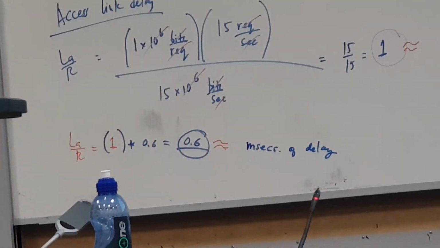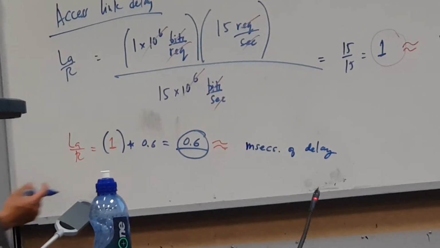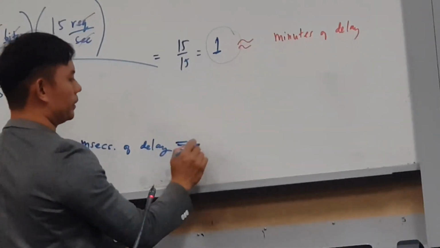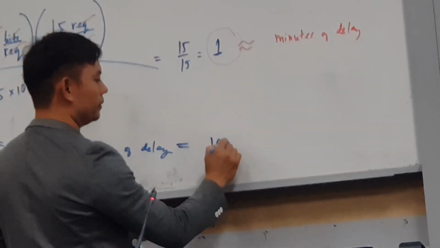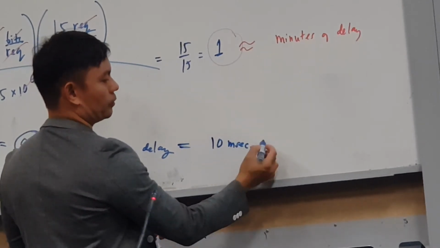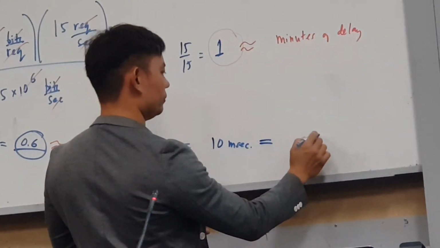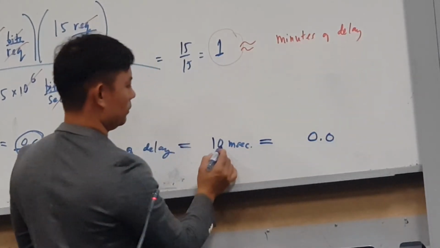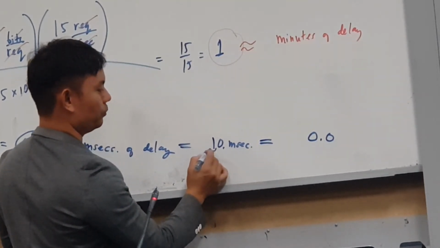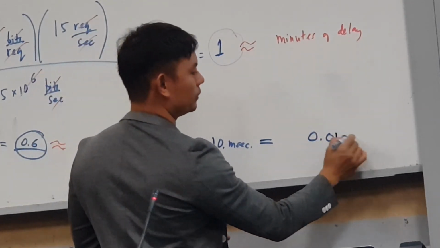So we can put them together now. Let's say, just to give it a number, let's say 10 milliseconds. So we can write it as 0.01 second.